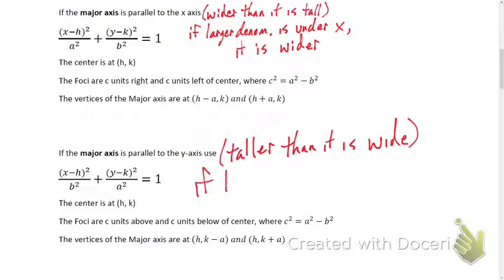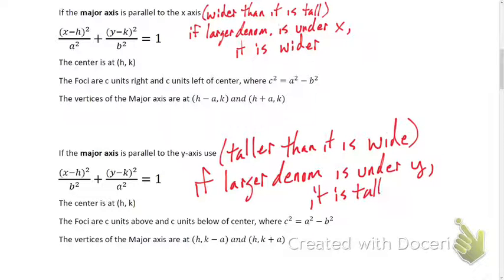If the larger denominator is under the y, right. There's some formulas there. Notice to find the foci, we're going to do kind of the Pythagorean theorem. Not really, though, because we're going to go a squared minus b squared. You have some coordinates there for the major axis, but we'll look at an easier way to do it.